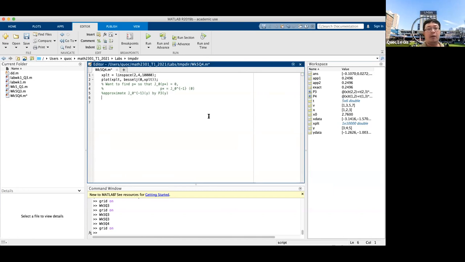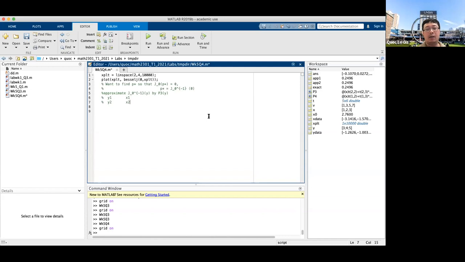Well, how do I find the function P3(Y)? Remember the interpolation condition. So now you have X1 and you have Y1, right? So you have Y1 equal something, and you have Y2 and X2, right?